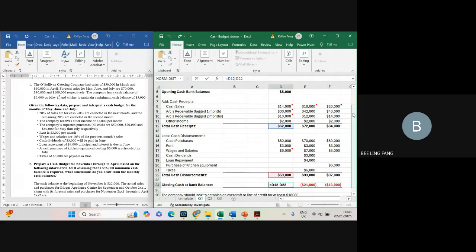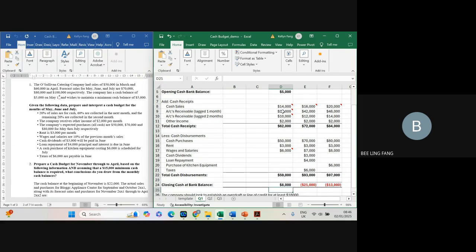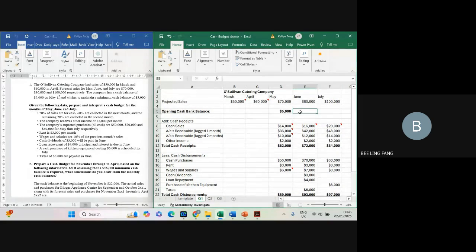We have to, sorry, from the beginning, this one plus and minus. Okay. Forgot the 5,000 beginning. And then the balance here, I have to add in here.